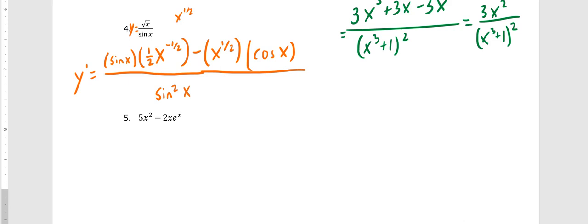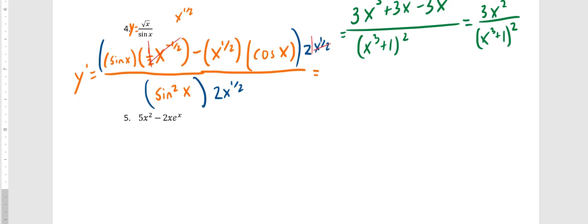If I want to write that a little bit better, what I could do is multiply the numerator and denominator by 2x to the 1/2. I multiply that to the whole numerator and whole denominator. And on top, the 1/2 and the 2 are going to cancel here, and those are going to cancel there.